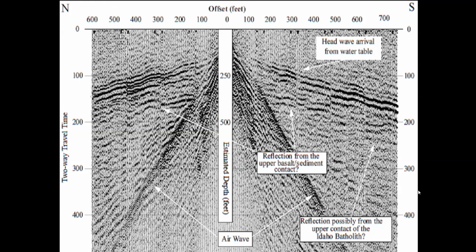And this is the second example, with the shot here and receivers on both sides. Over here you can see air waves, ground rolls, reflection, and this is the first break, and this is mostly the noise area.